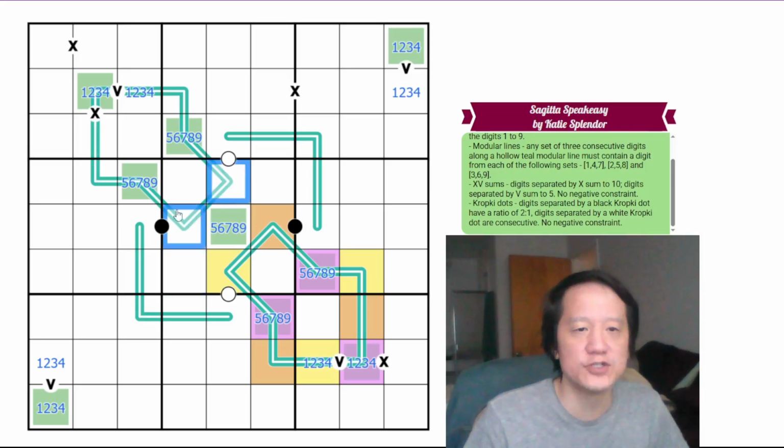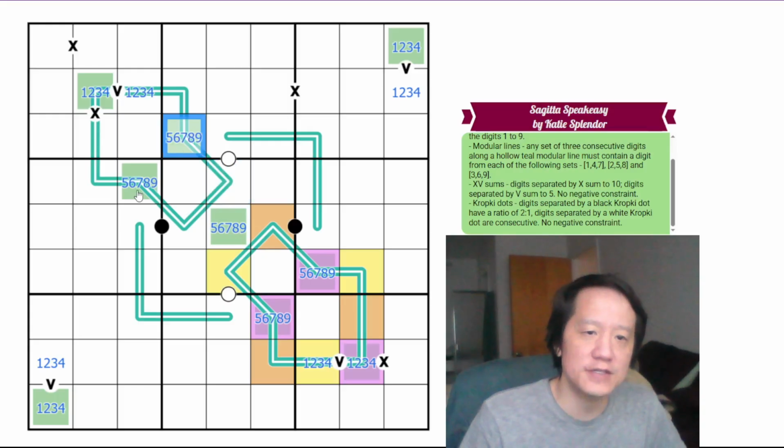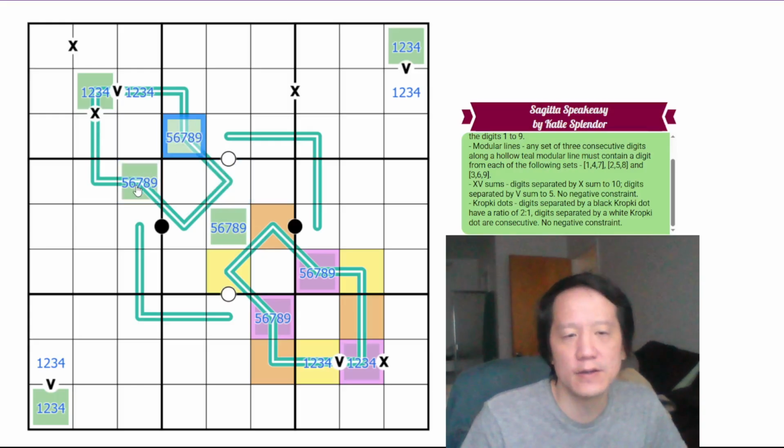So we have similar scenarios here. Now the thing is, these cannot be pink, because they are the same set, right?